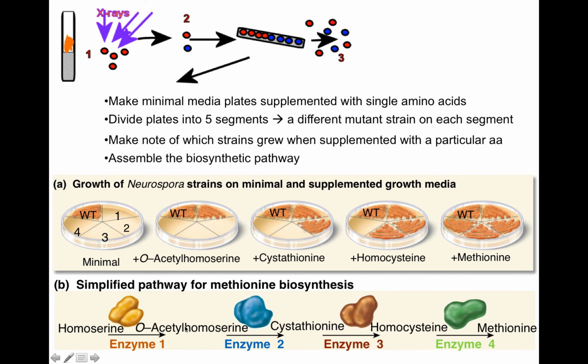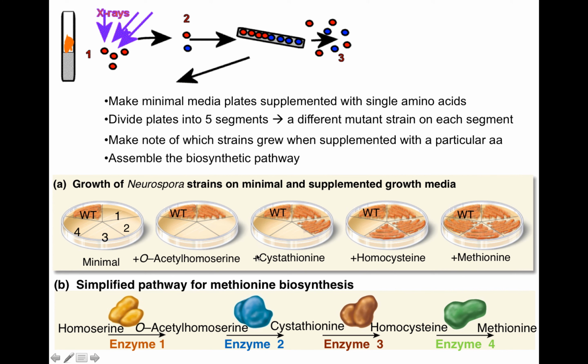If you gave the fungus some of the product, they didn't need enzyme number 1, and enzyme number 2, 3, and 4 were just fine. So as long as you had the acetylhomoserine, you could make cystathionine, homocysteine, and then methionine.